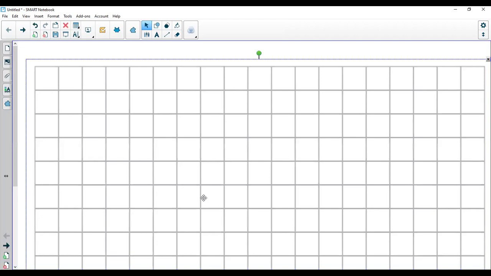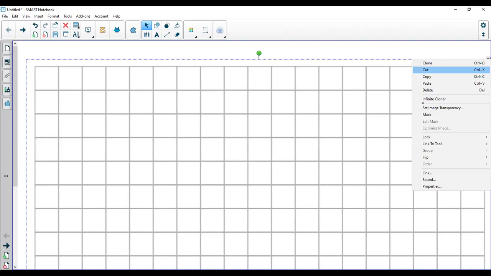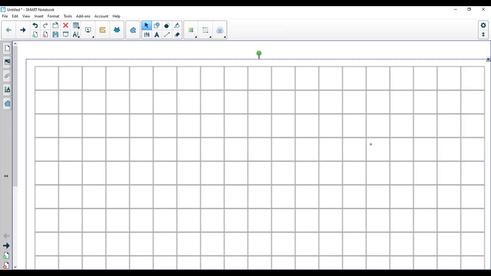So look at this. I draw an object here. Each box on this figure is representing 2 meters.